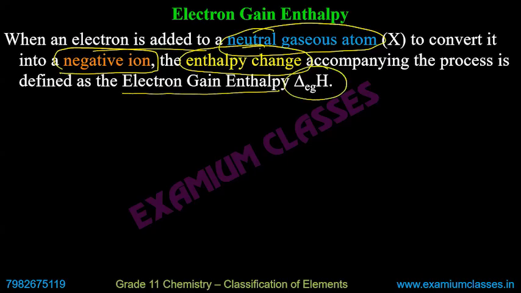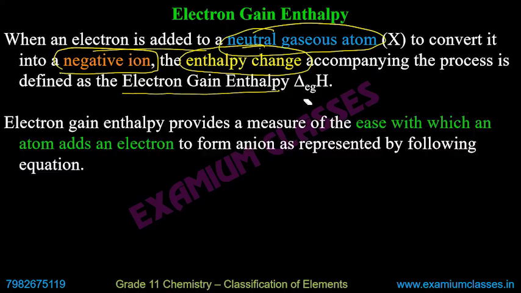It is denoted by delta EGH. EG stands for electron gain. Electron gain enthalpy provides a measure of the ease with which an atom adds an electron to form an anion. Suppose you have chlorine.